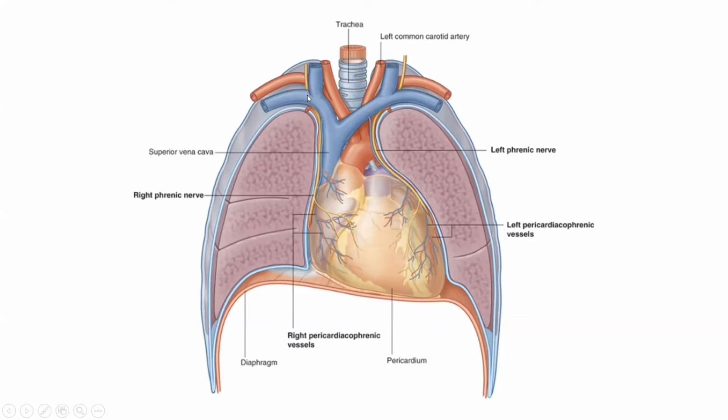So this phrenic nerve has the same pathway as the vagus nerve, but the phrenic nerve is located anterior to the vagus nerve.